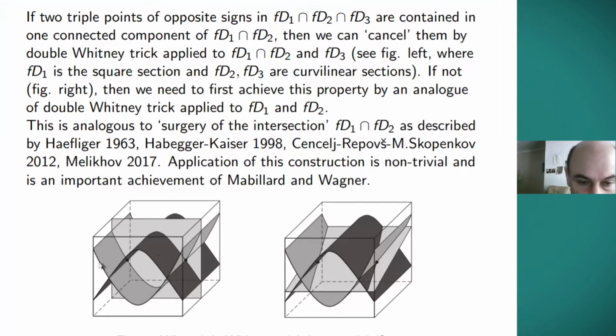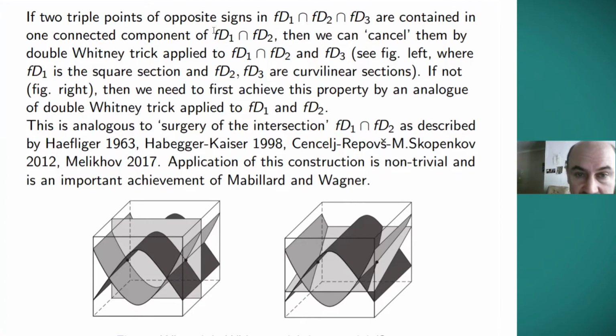So the intersection is a union of an arc like this and an arc like that. So this double intersection is connected. Then we can cancel these 2 points by the double Whitney trick applied to this double intersection in f of d3. And then f of d3 can actually be kept stable.